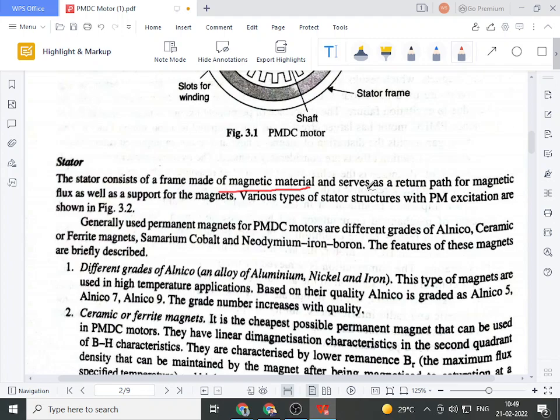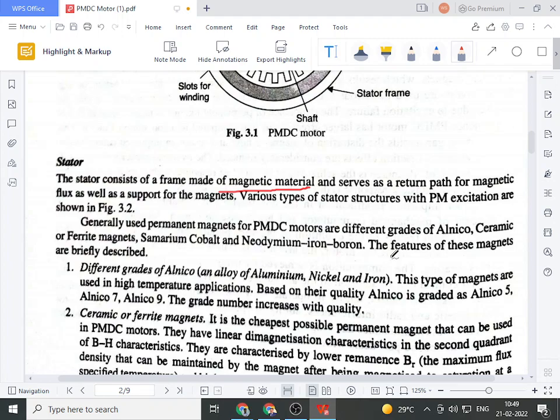In a conventional DC motor also, the stator or yoke is made up of magnetic material. The reason is that whatever magnetic flux is developed by the field system passes through that magnetic stator structure, and the stator yoke provides the return path for that magnetic field.